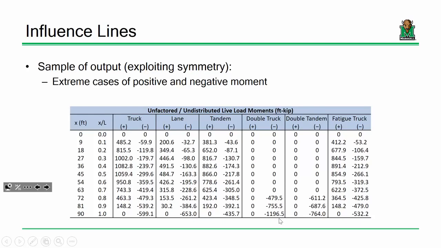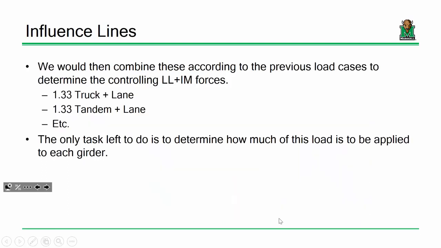All right, any other questions? This is good stuff. Okay. What we will ultimately do is, remember that little slide that I told you all to star with all those load combos? We're going to go back to that later on, and we're going to combine these loads, 1.33 times the truck plus the lane, and so on and so forth.